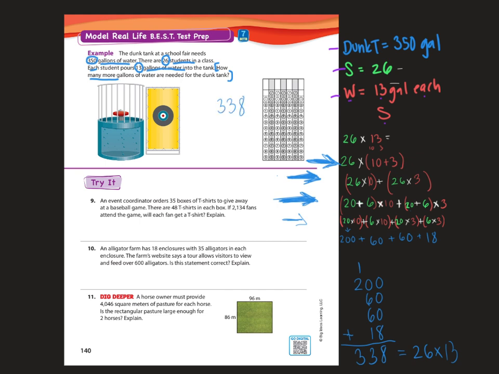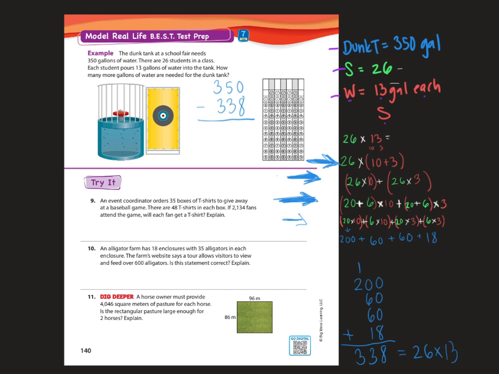But that's not the question. The question is, how many more gallons of water are needed for the dunk tank? The way they're asking me that, I already know that I guess the students didn't have enough water. So I am going to subtract to find the difference, or how many more.